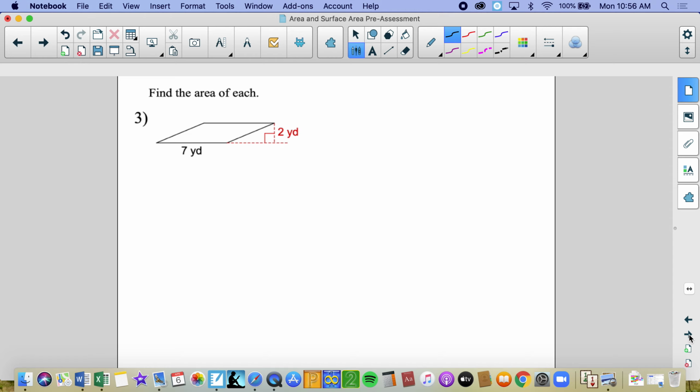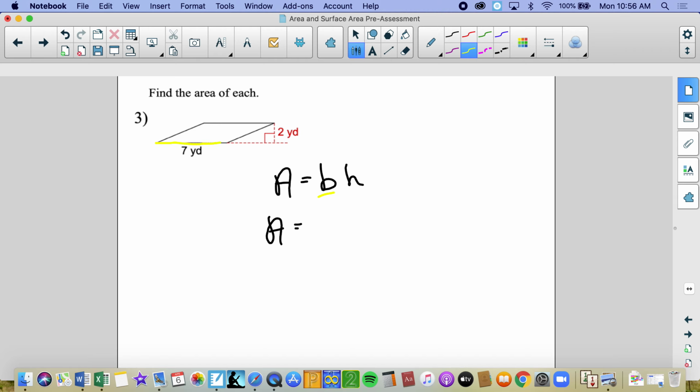Number 3, our shape is a parallelogram. So the formula for a parallelogram is area equals base times height. Remember, our base must be one of the sides of the figure. So it either needs to be this side or this side or this side or this side. So it has to be one of the sides.